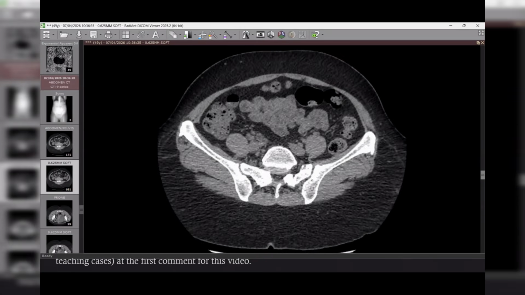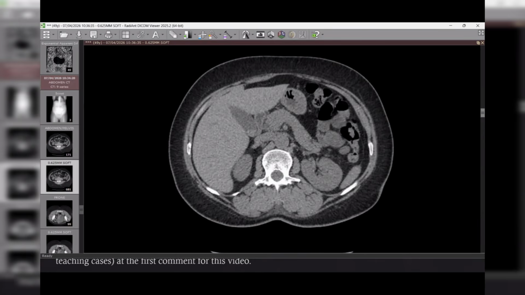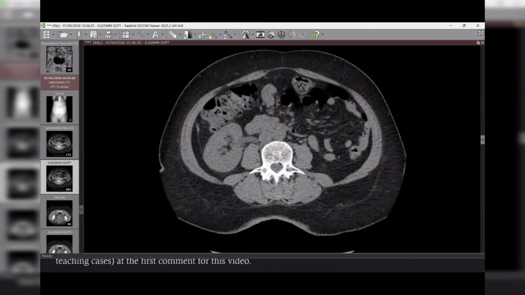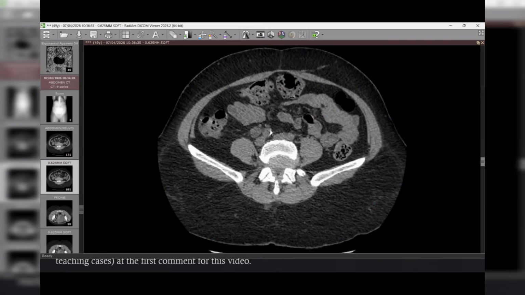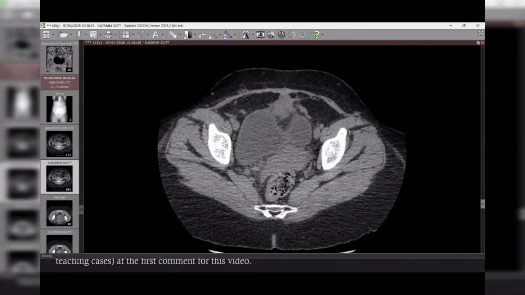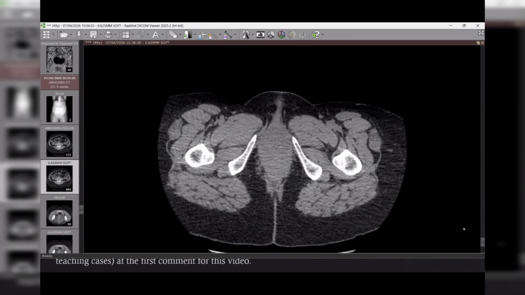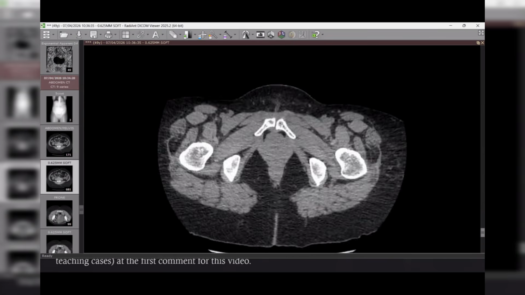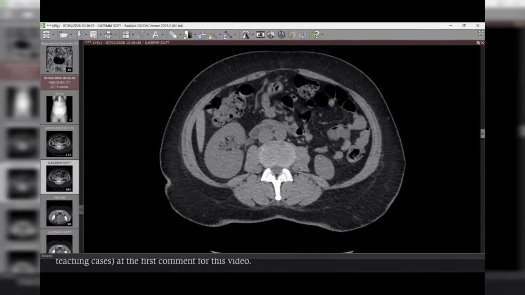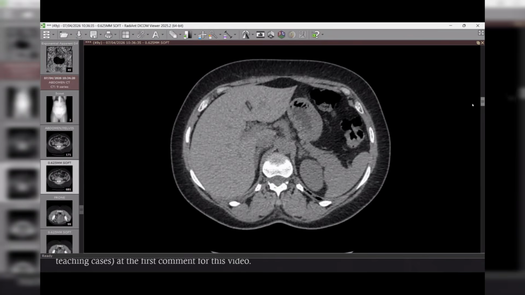I'm trying to see if there's any dilatation of the kidneys. There's no hydronephrosis or hydroureter. Okay, can you check the right kidney? I know it's difficult, but can you check, please? I did exactly what you did in this case.